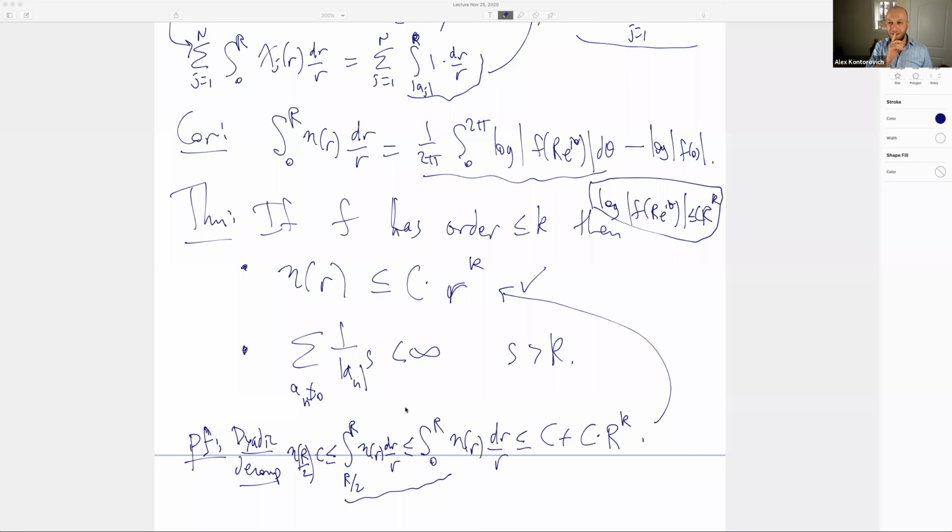Hannah, something you don't like? So if f has order k, then k is the infimum of the orders at most k. So it's not the infimum. I'm just doing this crudely. I'm not getting the exact order.